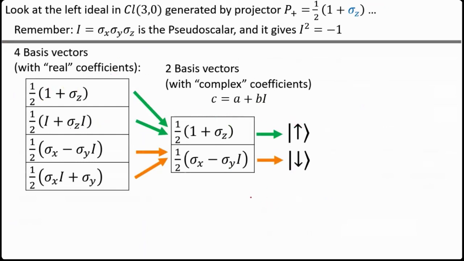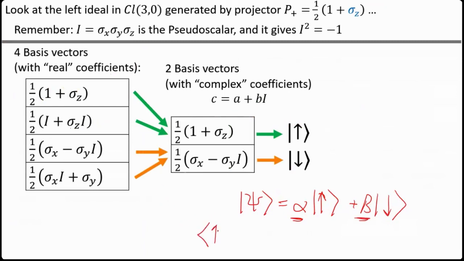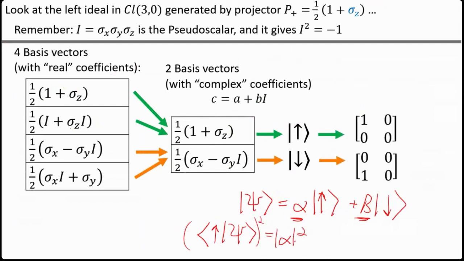So you could have a state that's a linear combination of up and down, where these are complex numbers. And you can start figuring out what the probabilities are using inner products. This would probably give you just alpha, and then you'd have to square that to get the probability. And I think these are just these matrices.